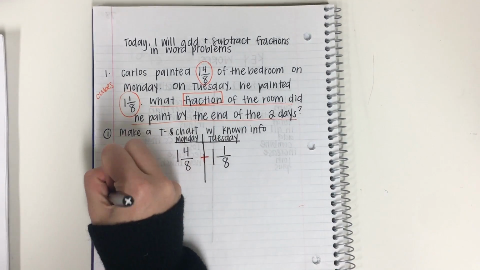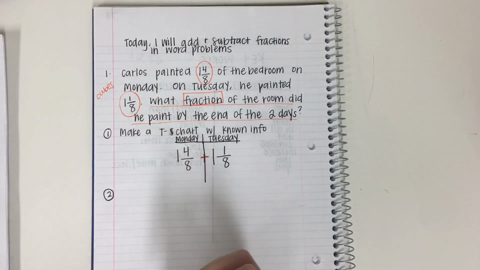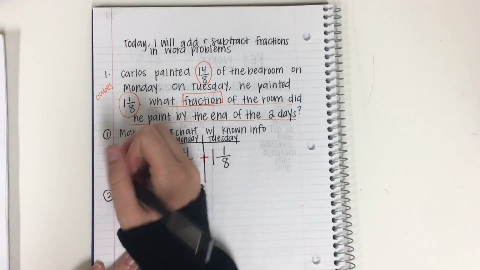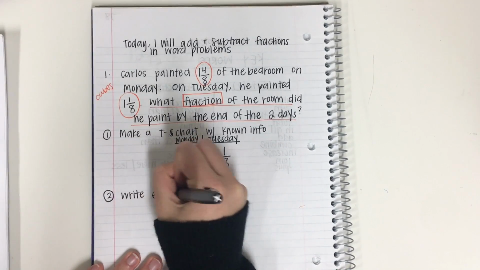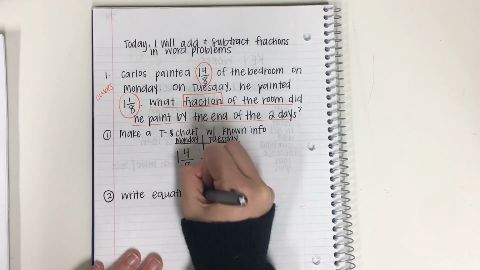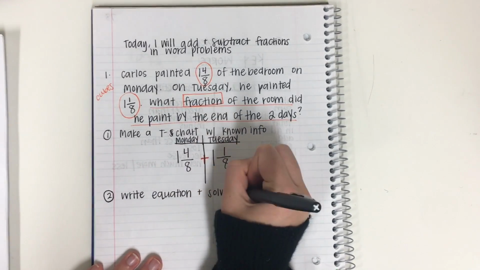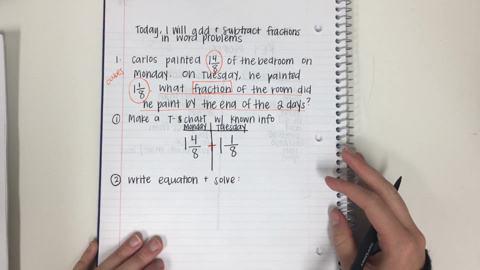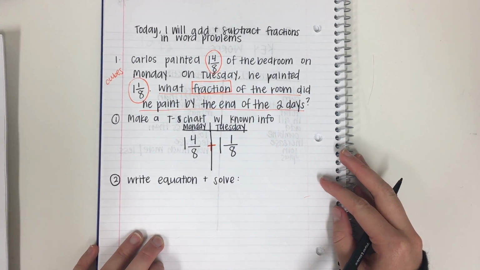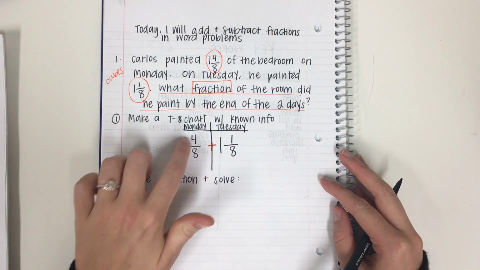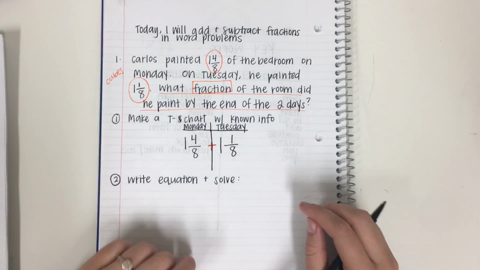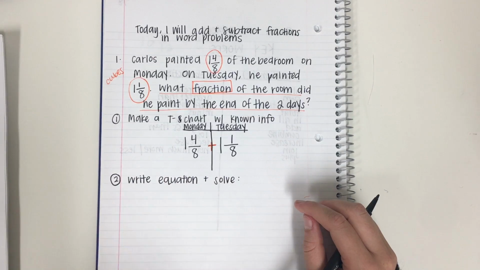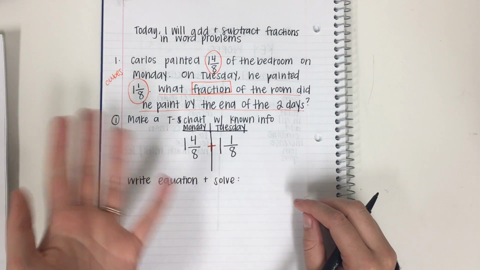Okay? Step 2 is to write an equation and solve. Okay, here are where our two strategies come into play. You can either do the Dorito method where you change these into improper fractions, or you can do the commutative property of addition where you decompose the whole number and the mixed number, or you decompose the mixed number and make a whole number and a fraction.